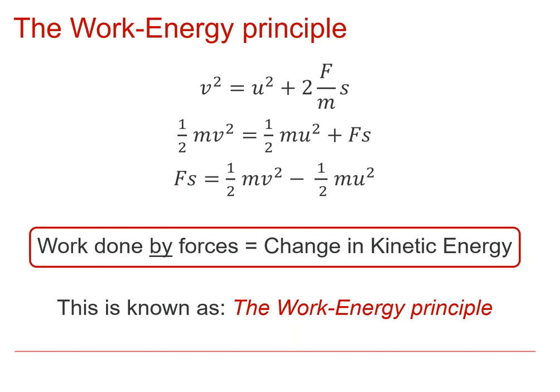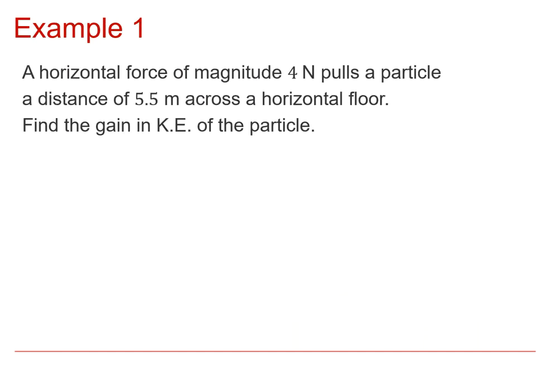As you'll see in a few examples now, it's possible to apply that to situations and help us answer questions. So here's a simple example. We've got a horizontal force of magnitude 4 newtons pulling a particle a distance 5.5 meters across a horizontal floor, and we want to find the gain in the kinetic energy of the particle. We'll have to assume here that it's a smooth floor.